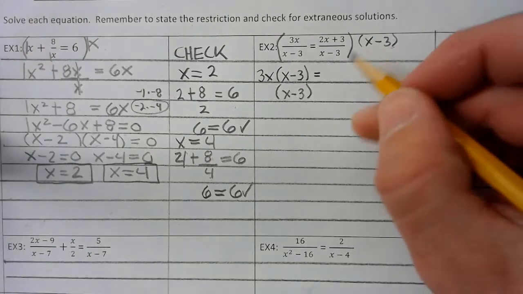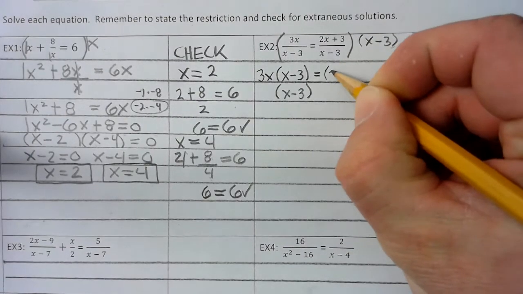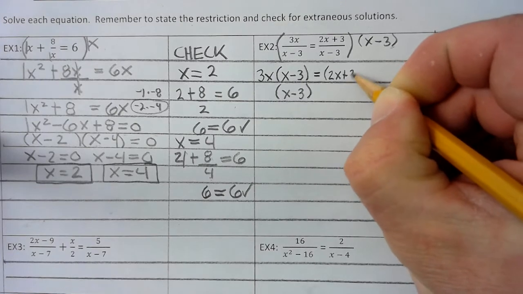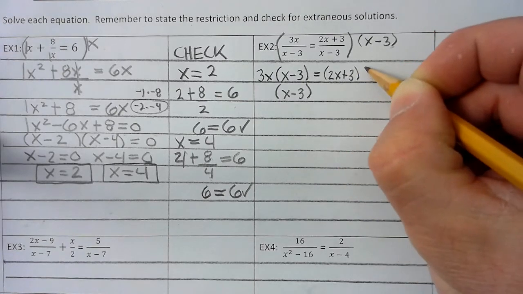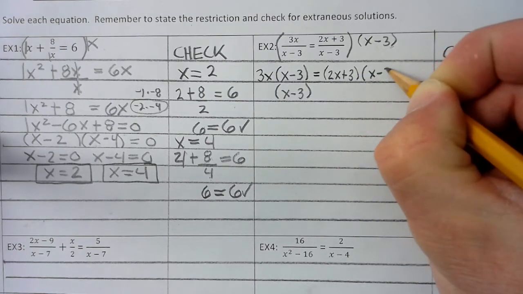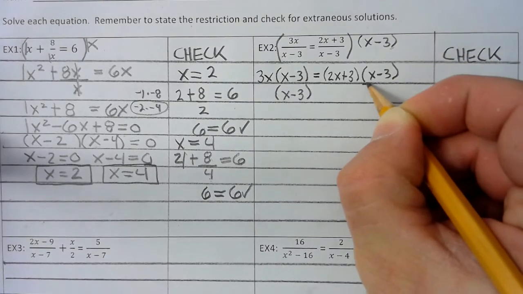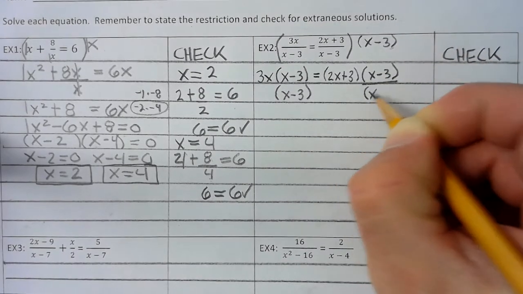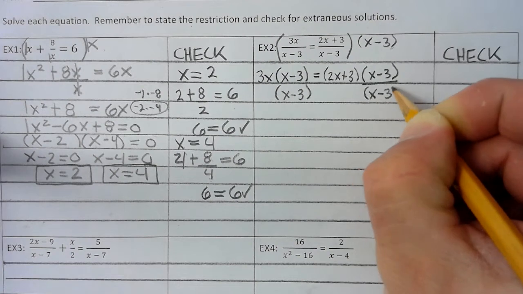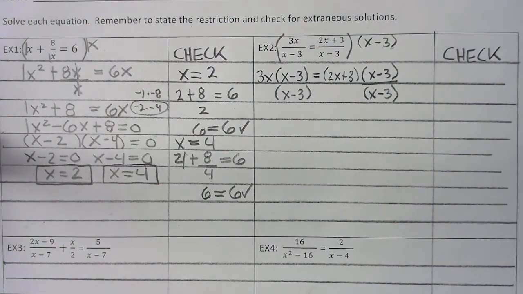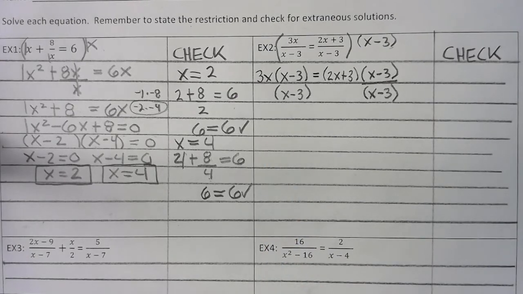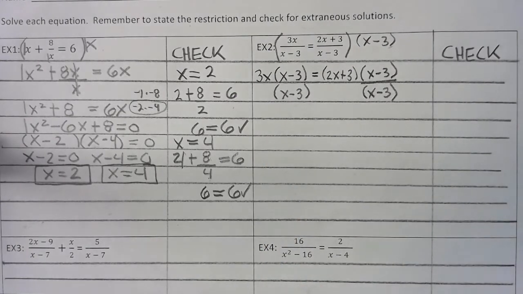All right. Now that's 2x plus 3 times x minus 3. So then here, divide the x minus 3's and make them 1.